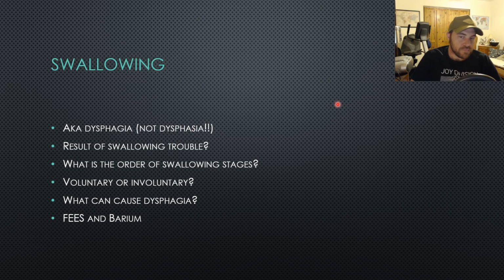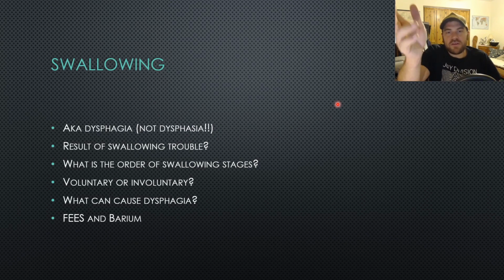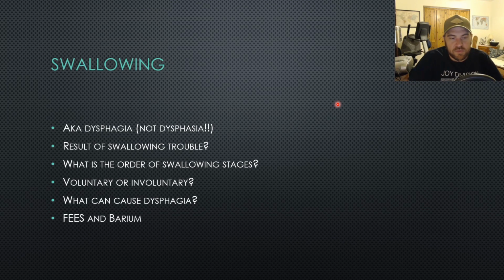So know the difference between the two. Obviously, if somebody just says it to you and you have no background information on what they might be saying, you won't know. But most times if somebody says dysphagia, it's the swallowing disorder, not this one. They'll usually say aphasia or something a little bit more specific. But it's good to know that they both exist.